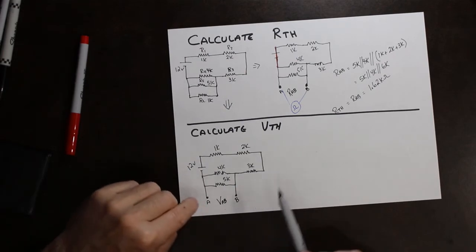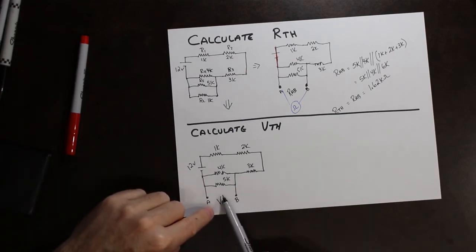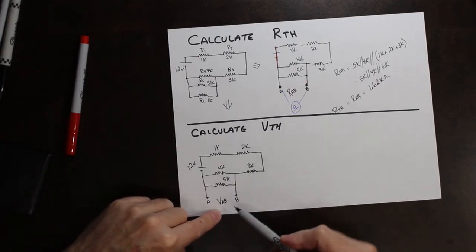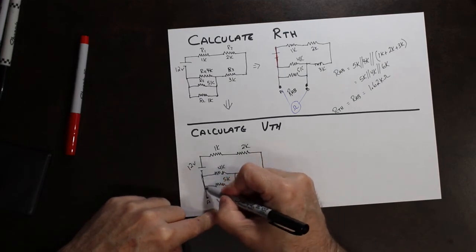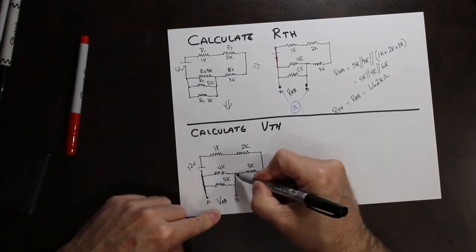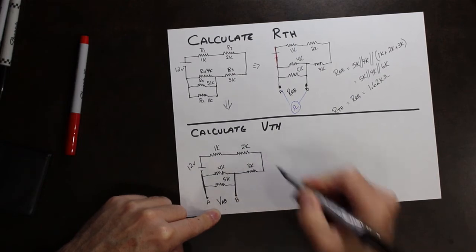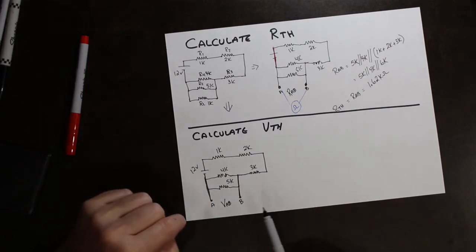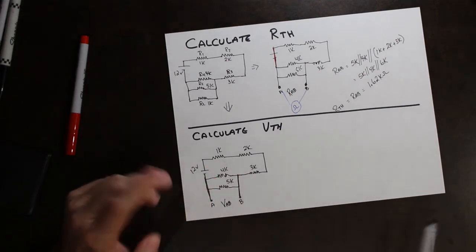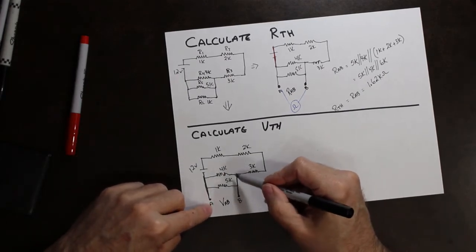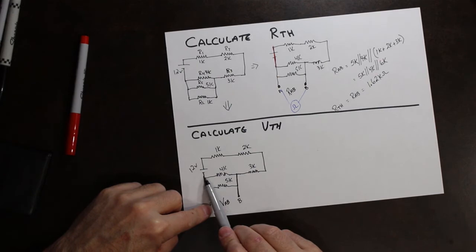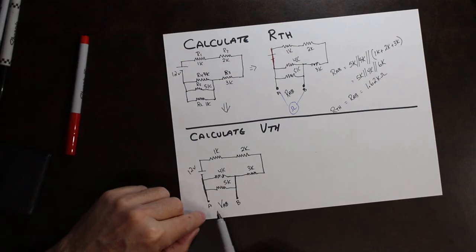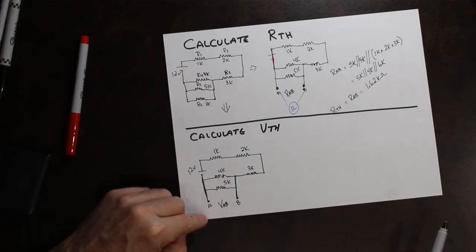So now what I've got to do is figure out where I find that voltage in that circuit. And if you look carefully, you can see that point A is here and point B is here. So the voltage AB appears across the 5K or the 4K. These are in parallel, so the voltage across the 4K is the same as the voltage across the 5K, which is the voltage that we require, VAB.